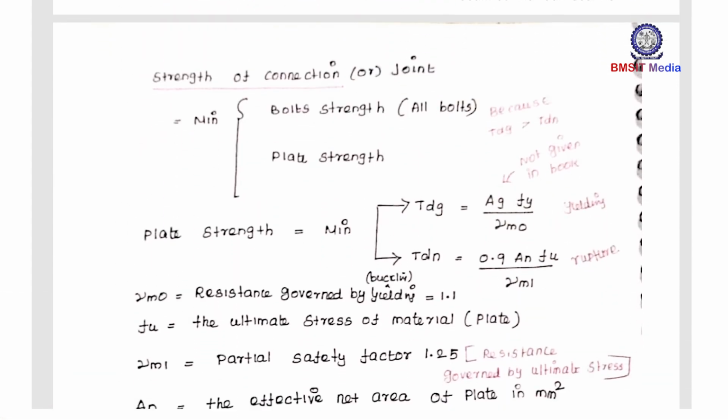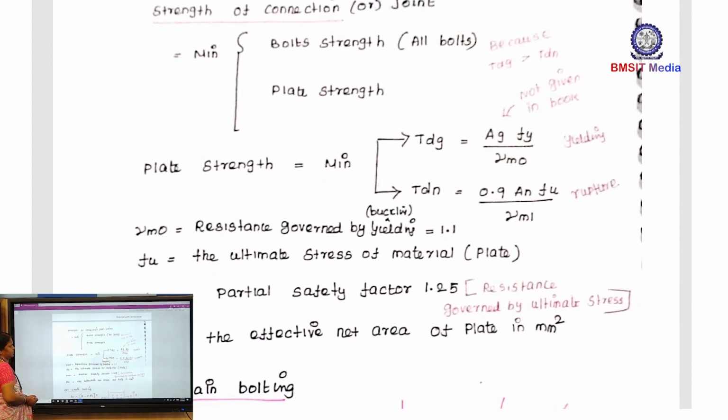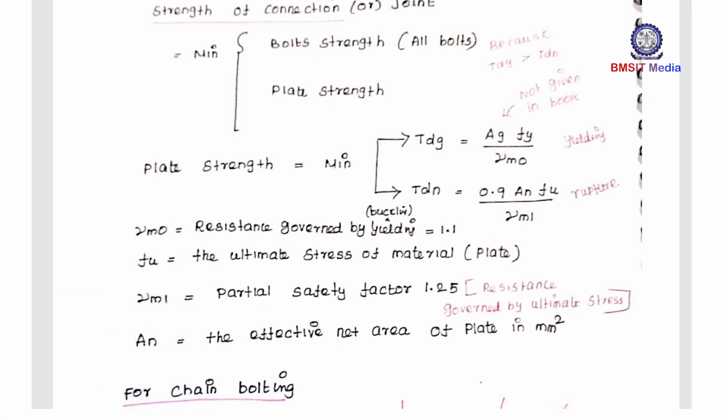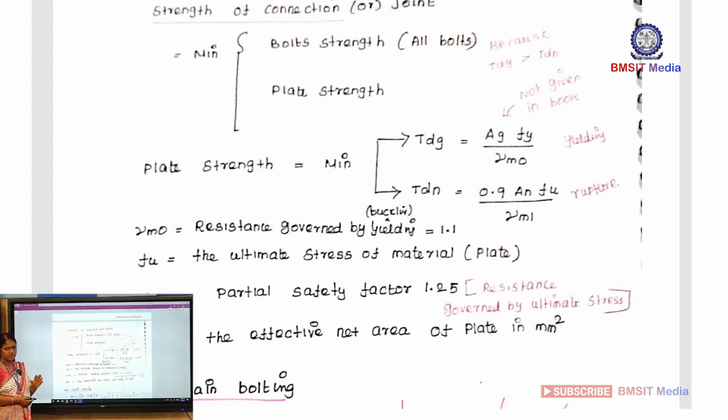Now, coming to strength of connection. In the previous case we have seen how to find the strength of the bolt. Now, here strength of connection or joint: it means plates are also involved and bolts are also involved.